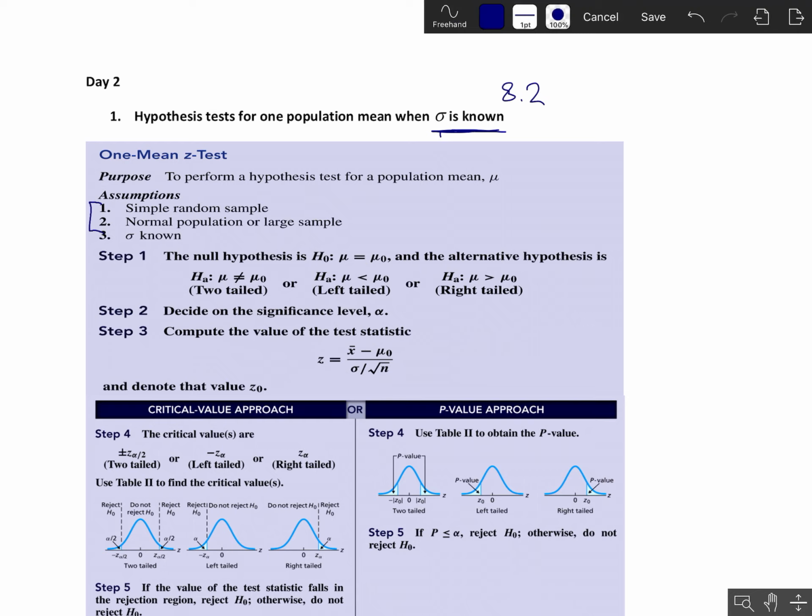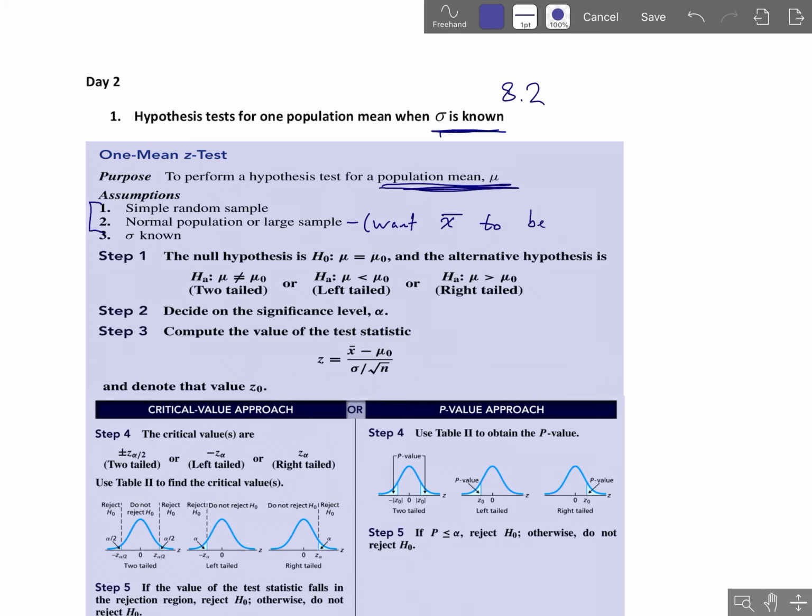Aside from that, we need two other assumptions, which is that we're taking some simple random sample in order to measure, or I should say approximate, this population mean. And we also need this variable that we're trying to measure to be normally distributed, or we need to be taking a large sample size.